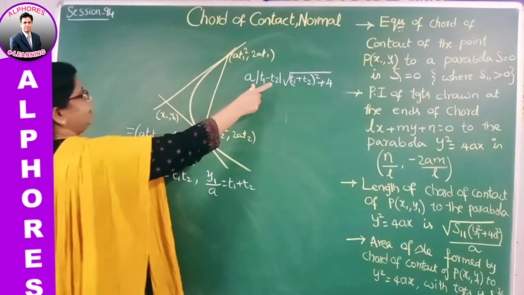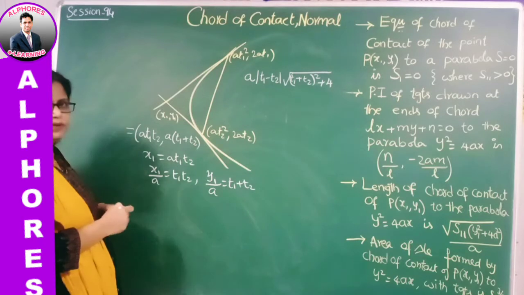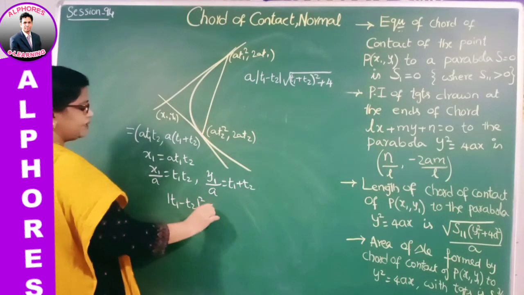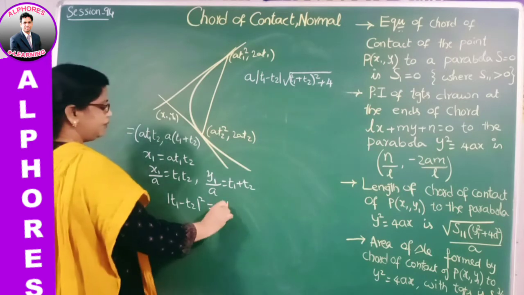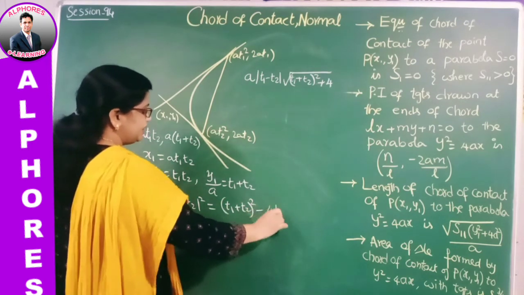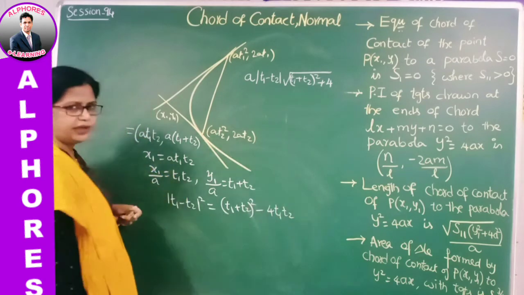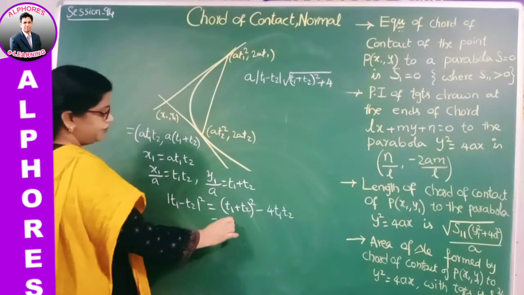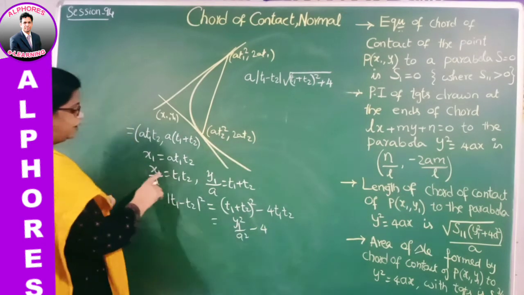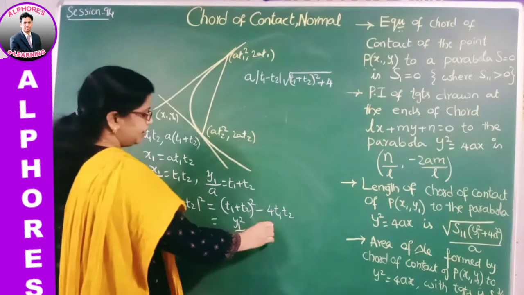Now for mod T1 minus T2, you can make use of a relation. What is mod T1 minus T2 whole square? First I am writing, you know clearly, T1 plus T2 whole square minus 4T1 T2. Then if I write this value, it is y1 square divided by a square minus 4 into T1 T2, meaning x1 divided by a.